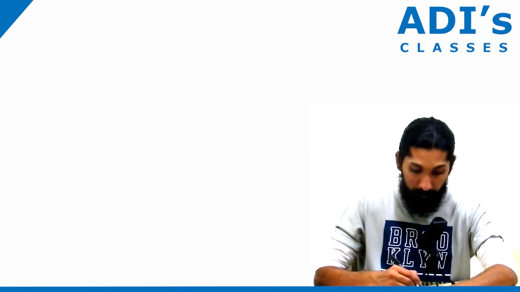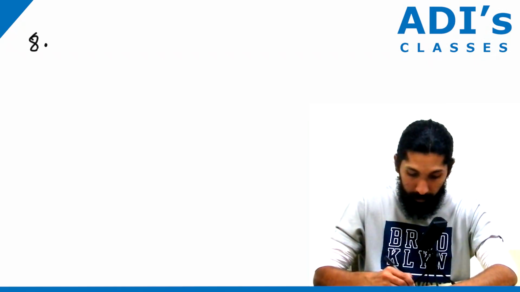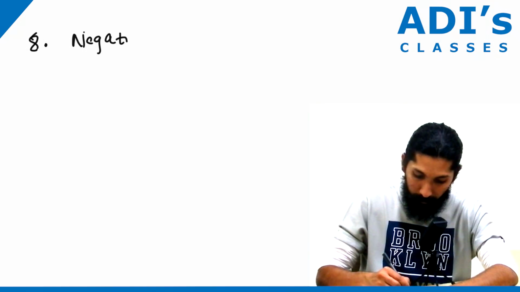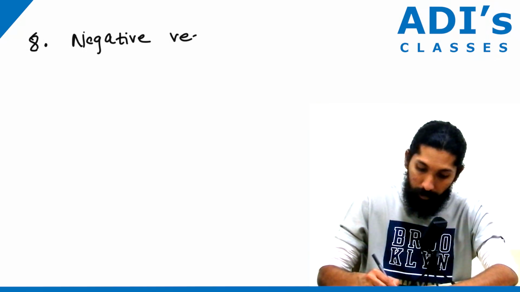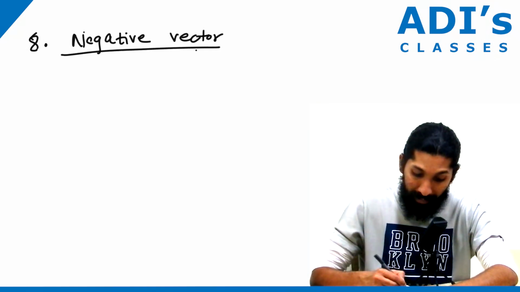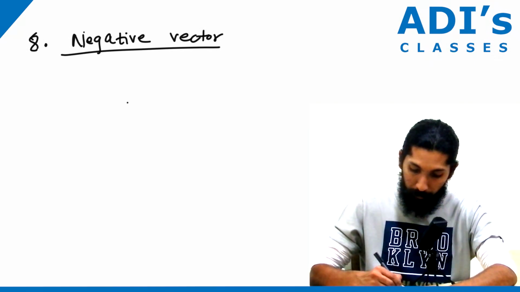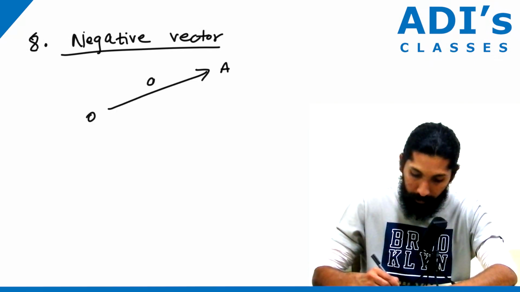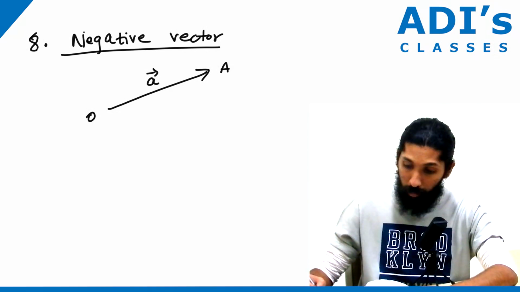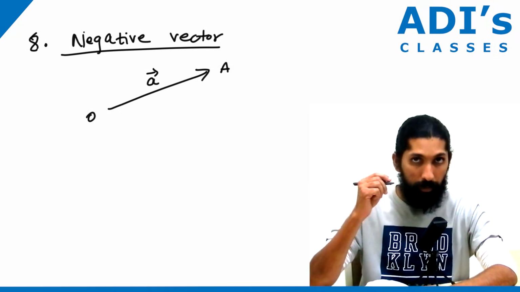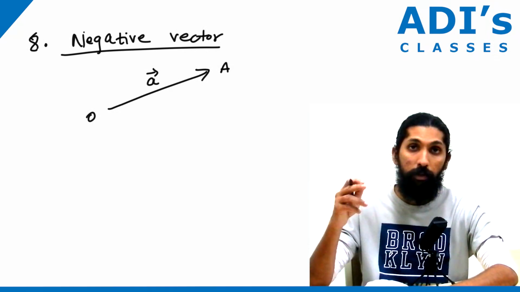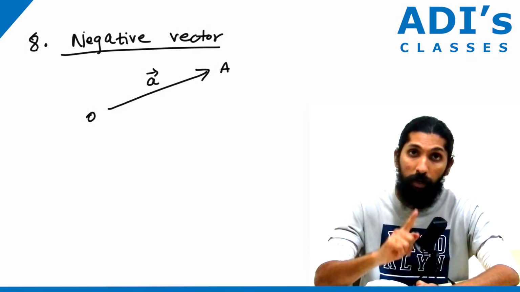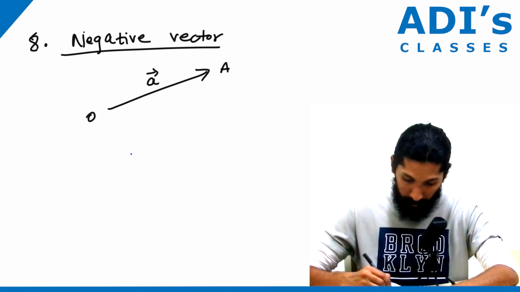It's very, very important. This is negative of a vector. See, whenever we talk about negative of a vector, suppose say that you have a vector OA like this. Say this is vector A. Now what we do? We take this particular vector, we negate, in the sense we change the direction by 180 degree. So we do the same thing here, but this way.